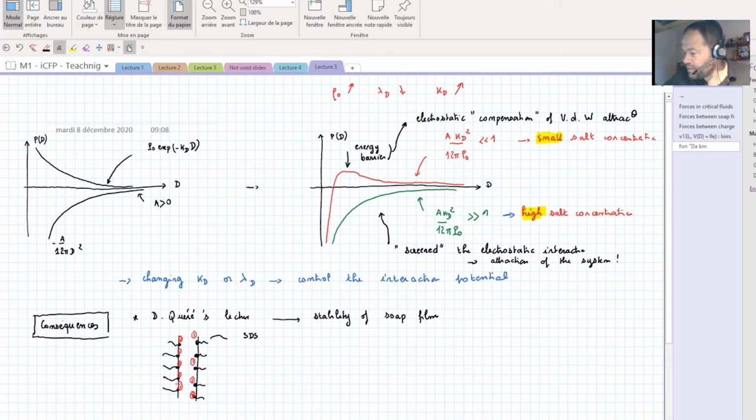And when I measure the thickness of a soap film with respect to time, it will decrease, and this is the David Quéré part.